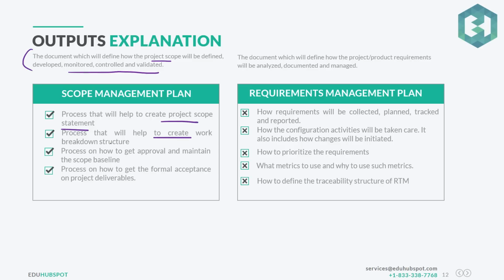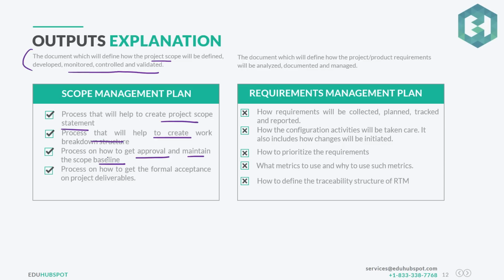Then a process that will help to create the work breakdown structure. So your WBS would be developed here. How you will do it, and what tools you will use to develop it, are all first planned, and are part of your scope management plan.